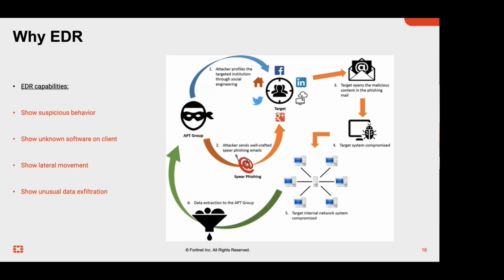So just to give you a little bit of an idea what's going on with an EDR. You see here the targeted attack, and with the EDR we are able to see the suspicious behavior. We can show you the unknown software on the client. That means if you go to the console, you may see, hey, what kind of software is that? This is not software out of our repository, something we never saw before. We take care of it. We are able to show you the lateral movement, and of course we are also able to show you unusual data exfiltration, which is an important part.